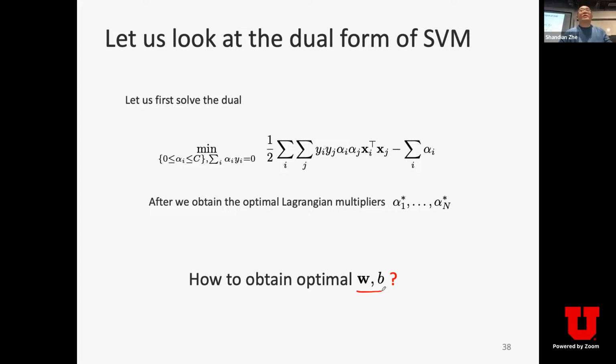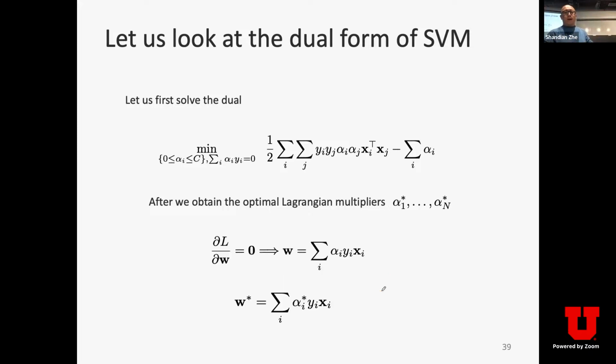Yes. We just need to look back at what we have derived to simplify this optimization problem. When we solved the inner minimization problem, we took the gradient of the Lagrange function with respect to W and set the gradient to be 0. This already told us that W must be a summation of alpha i, y i, x i. So now you know the optimal values alpha 1 star to alpha n star, you just substitute for alpha i. You get the optimal weight vector W star.